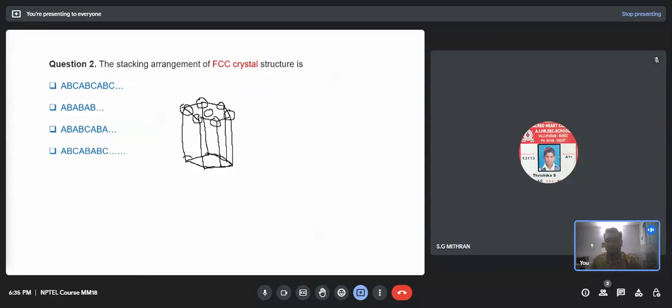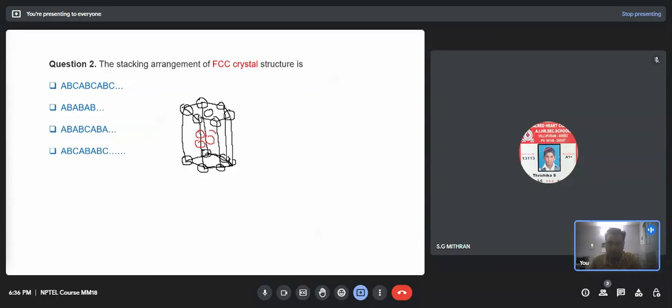Here also the same, but the middle atom will be different, since there will be some void. So this atom will be like this, three atoms in two packings, two layers.